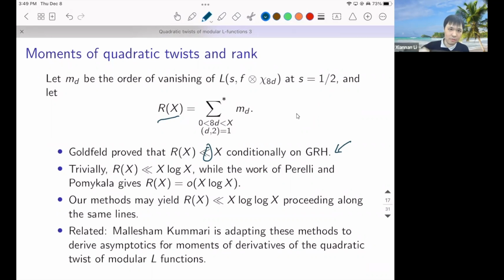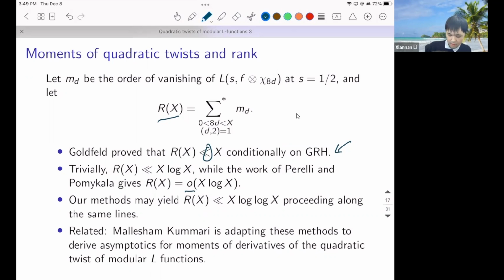And in fact, you can even just look at a single L-function and try to apply the very classical argument principle. The work of Pierce and Pomykala gives this bound, a little o of X log X. And our methods should give the bound X, proceeding along the same lines.